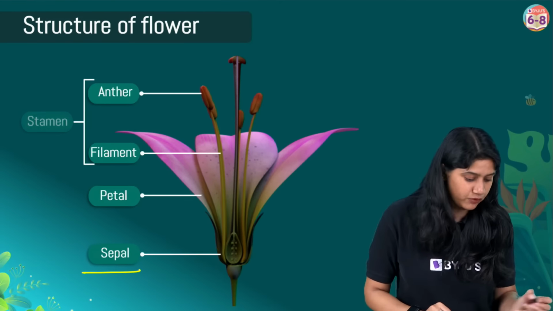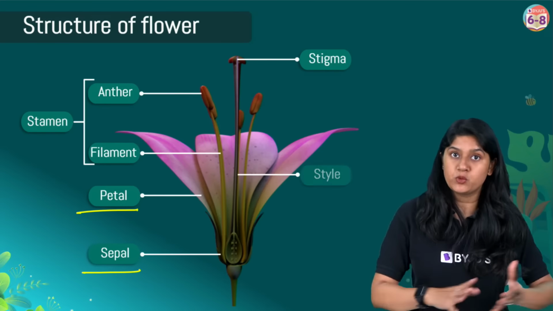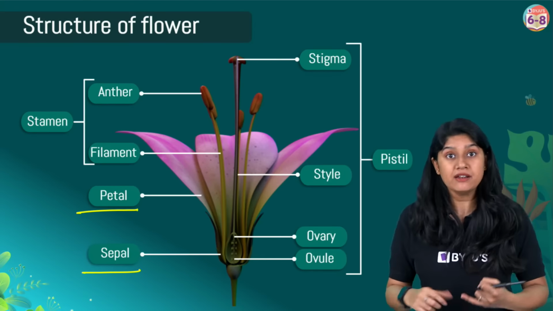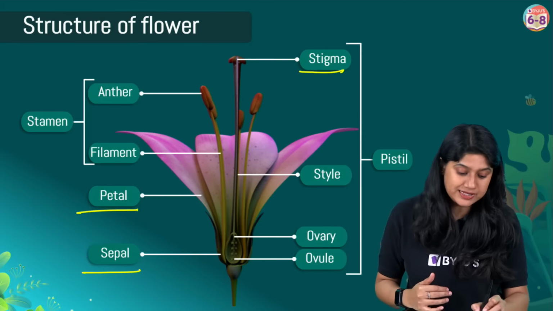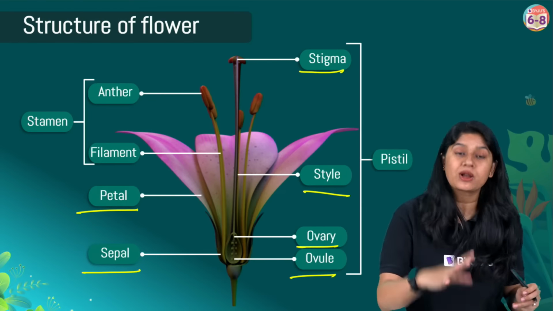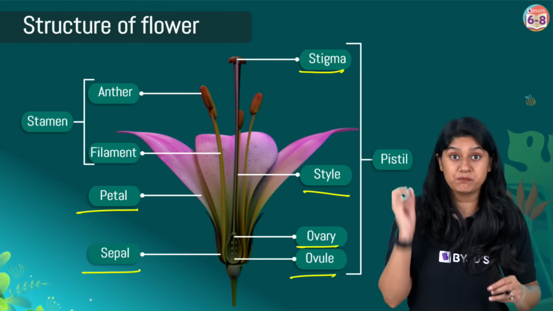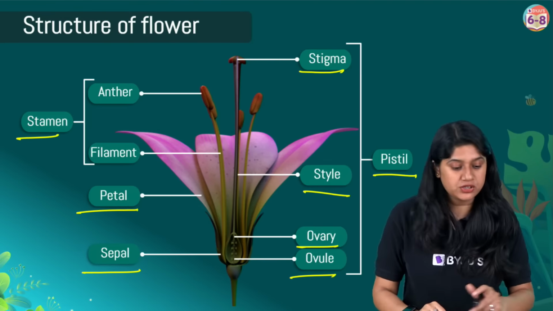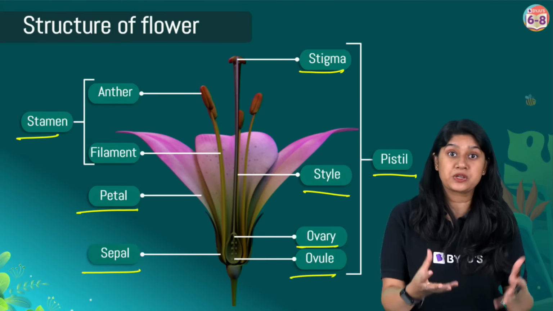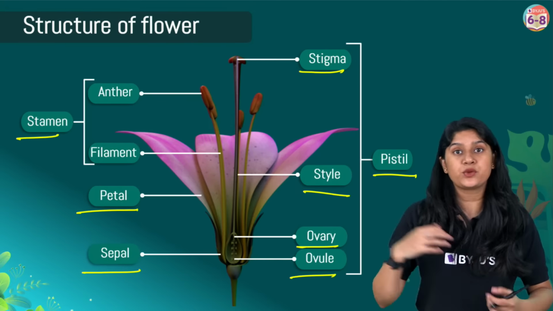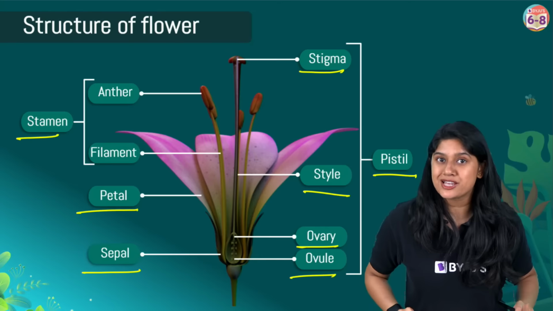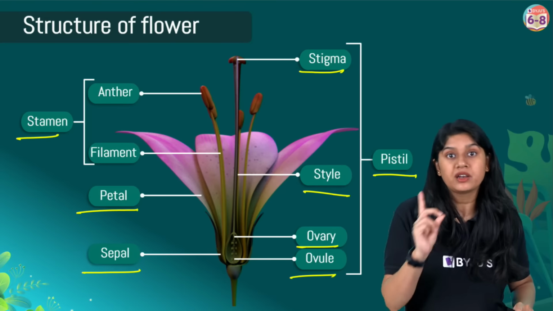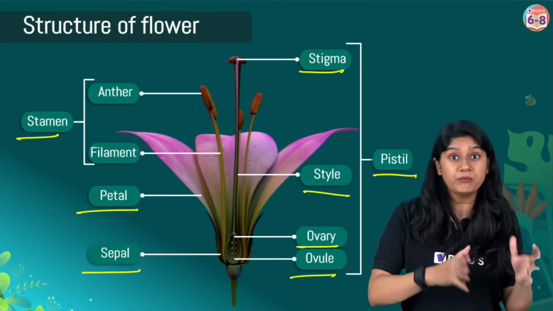We have the sepal, we have petals, then we have the stamen, which includes anther and filament, which are the male reproductive parts, and then in the female we have stigma, style, ovary and ovule, which combined together are called the pistil or the carpel. So the stamen and the pistil are the reproductive parts present in the flower. In this particular case, the flower that we have over here is a bisexual flower. Now we have a unisexual flower, where only one reproductive organ will be present, either the male or the female.